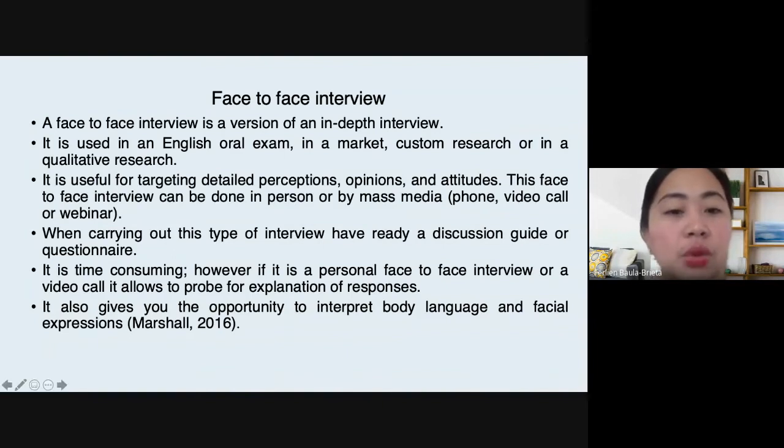So it allows you to have an opportunity to interpret body language. See to it when you do your interview, half of the body of your respondent is visible on the screen, so you can see the body language and the facial expression of the person.